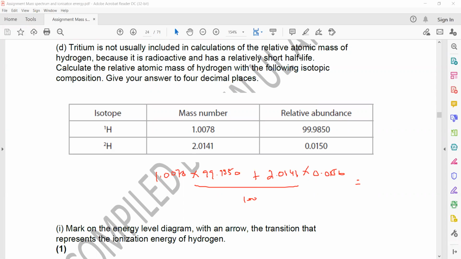This will come out as 1.007951, or as the mass was given to 4 decimal places, we can round it off to 1.0080. That will be the mass.